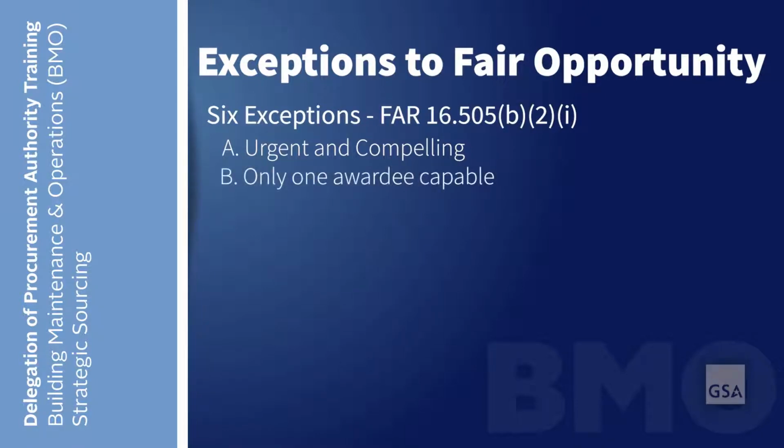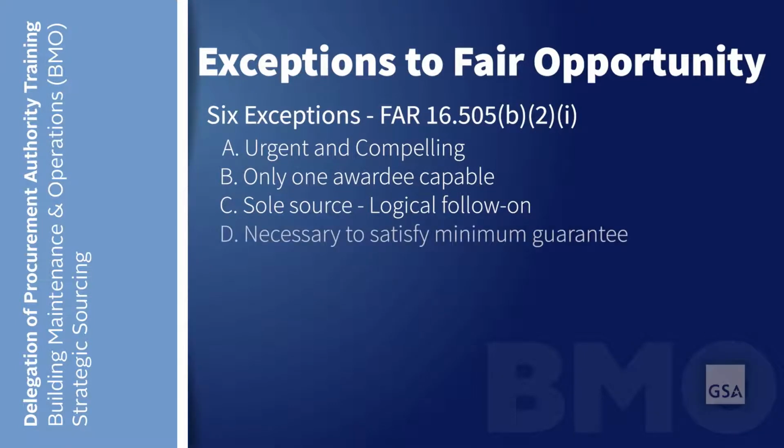B. Only one awardee is capable of providing the supplies or services required at the level of quality required, because the supplies or services ordered are unique or highly specialized. C. The order must be issued on a sole source basis in the interest of economy and efficiency, because it is a logical follow-on to an order already issued under the contract, provided that all awardees were given a fair opportunity to be considered for the original award.